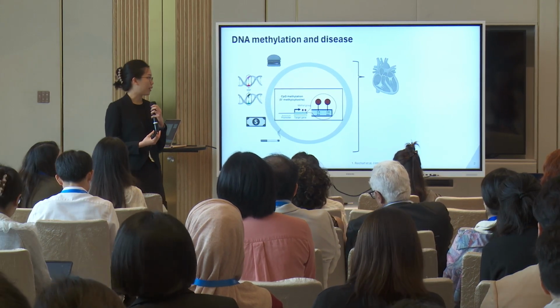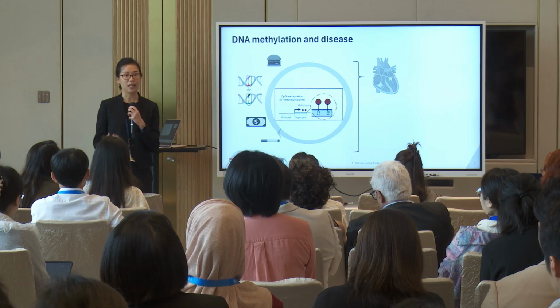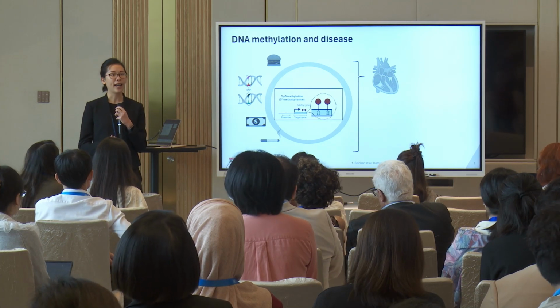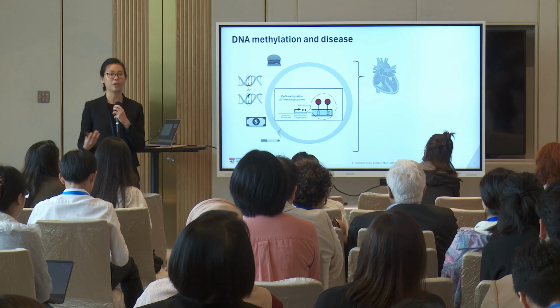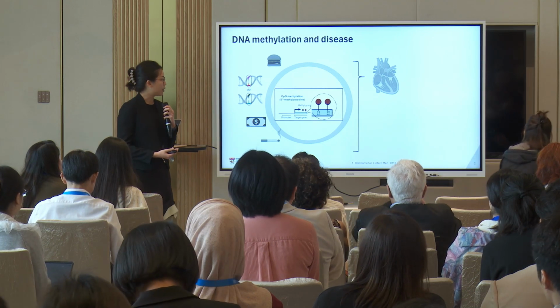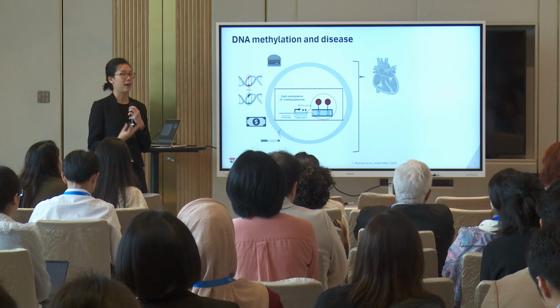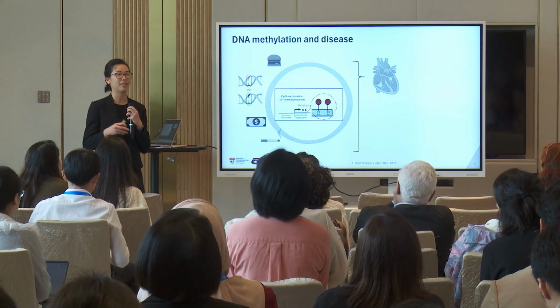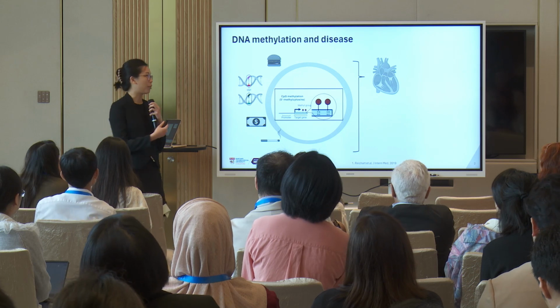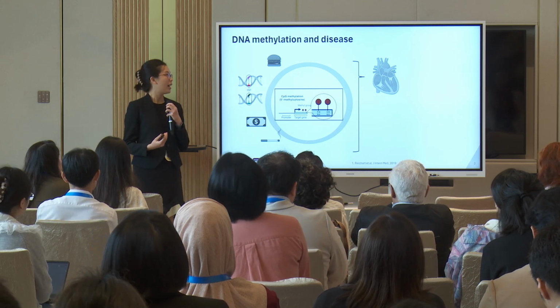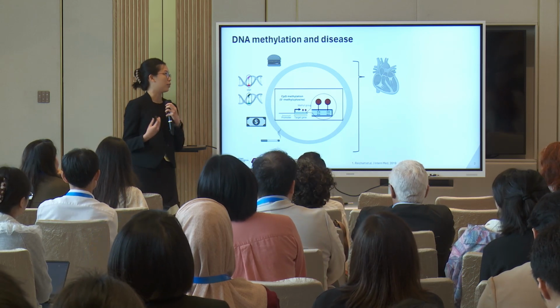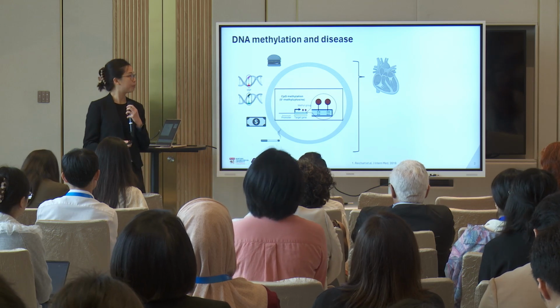And this is one of the more well-characterized epigenetic marks because it is stable and also amenable to high throughput profiling methods. And so this involves the addition of a methyl group on top of the 5' cytosine. So in DNA we have A, T, C, G. So this is a modification on top of C, and it converts it into 5' methyl cytosine.